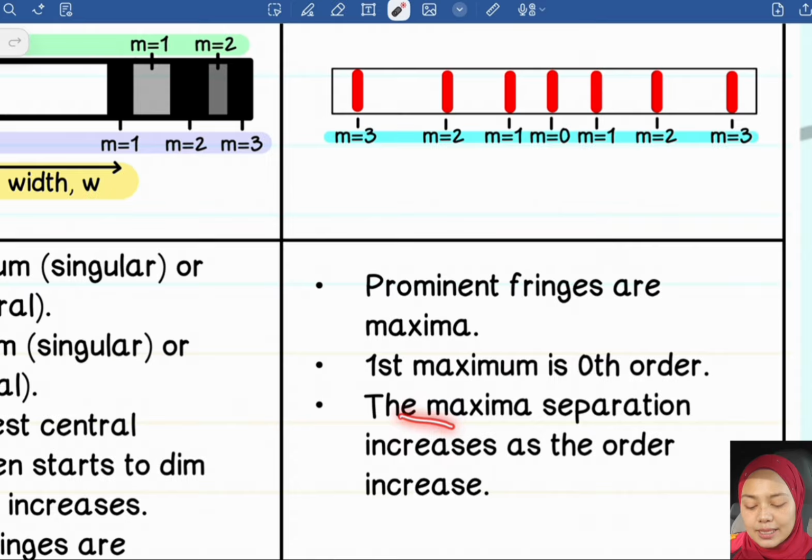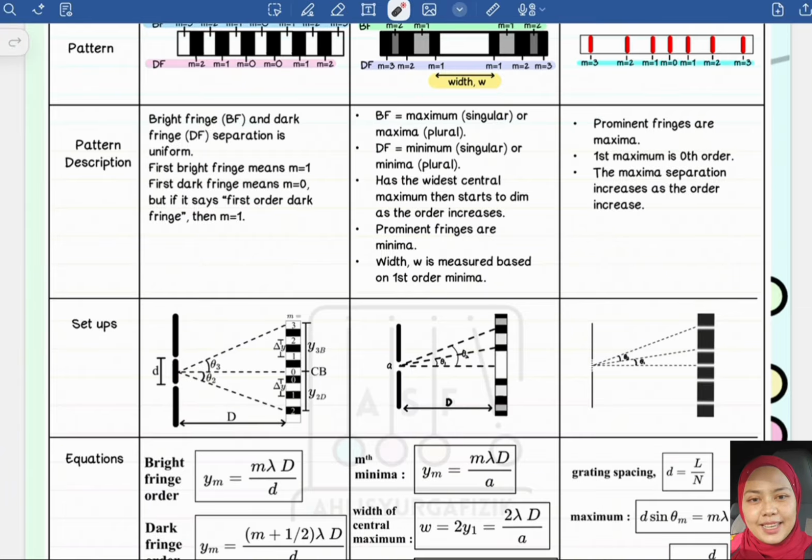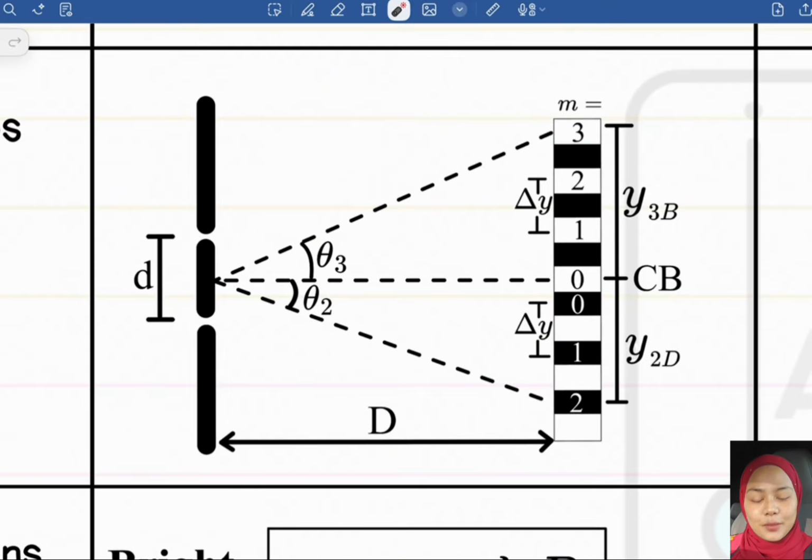The maxima separation increases as the order increases. You can see here, this is the distance between two maxima, and as the order increases, the distance gets larger, but the width of the maxima is still the same.